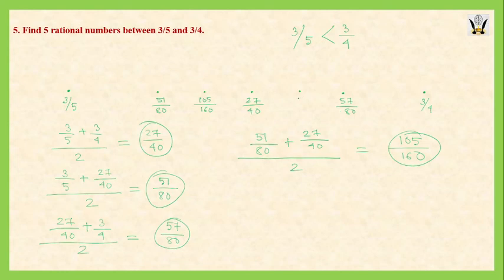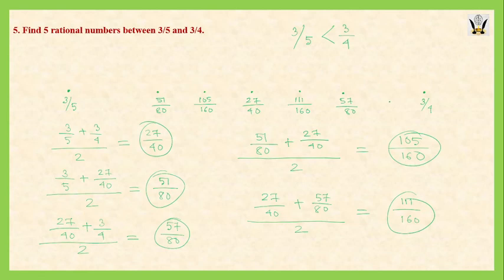And if we choose to find this value, then it will be 27 divided by 40, and the other boundary value is 57 divided by 80, and that will be divided by 2. So the final answer will be 111 divided by 160. So this is the fifth rational number between the given limits, 111 divided by 160. So these are the five rational numbers between 3 by 5 and 3 by 4.